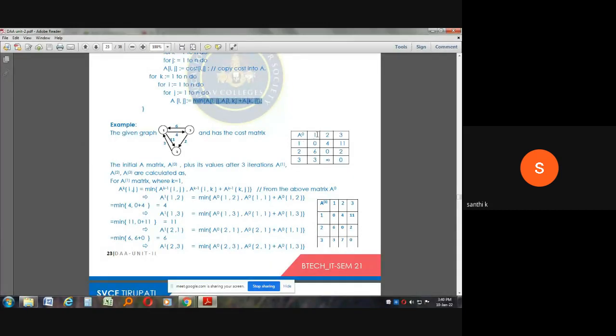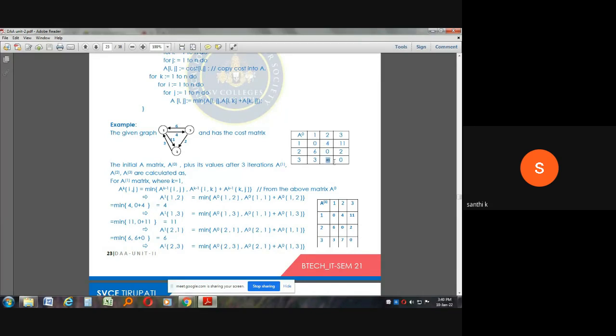So 1 comma 1 distance is 0. And here, when you convert the graph into a matrix, put the vertex to vertex cost as 0. If there is an edge between two vertices, whatever cost is associated with that edge, put that value.